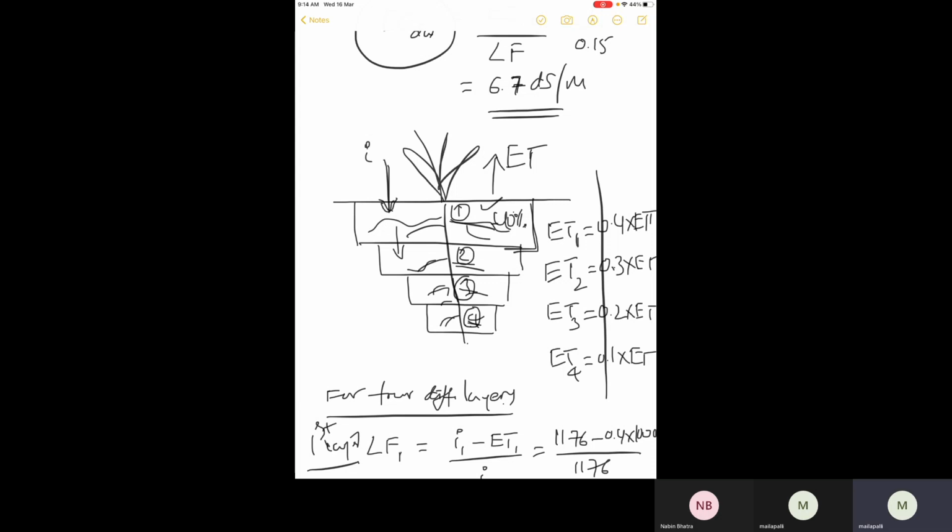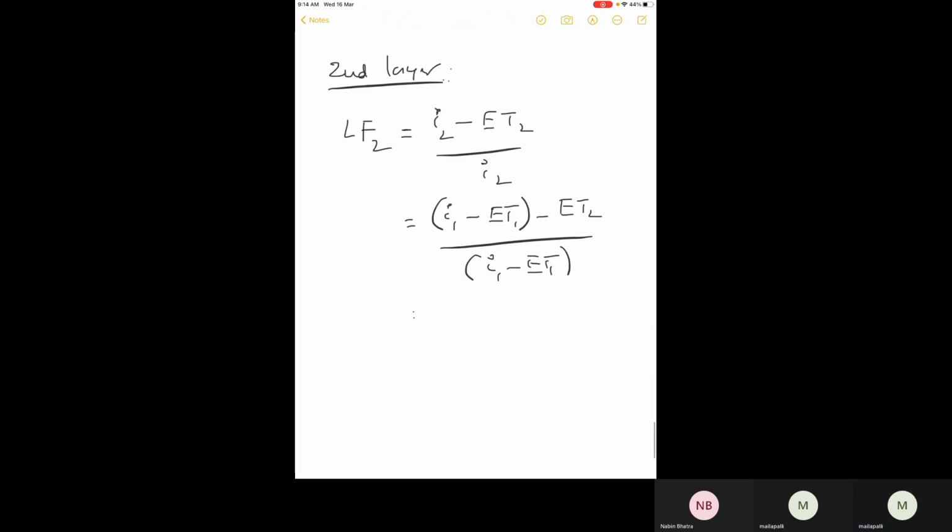So I1 minus ET1 will be the drainage which is going into layer 2, minus the corresponding ET2, divided by I1 minus ET1. I hope this is understood well.